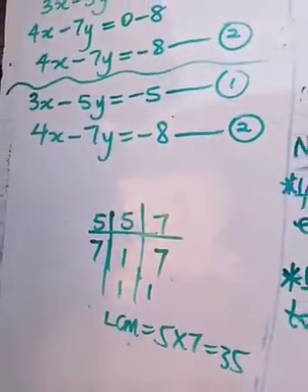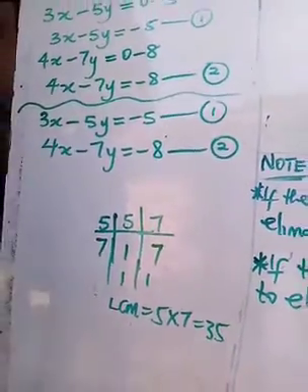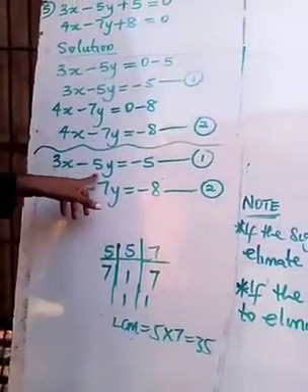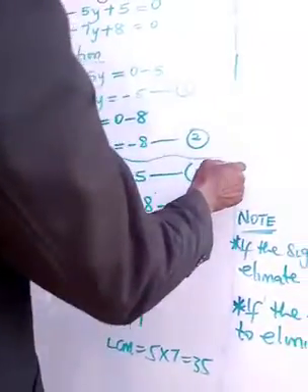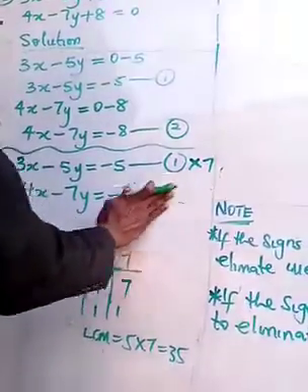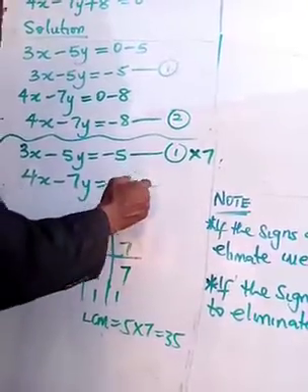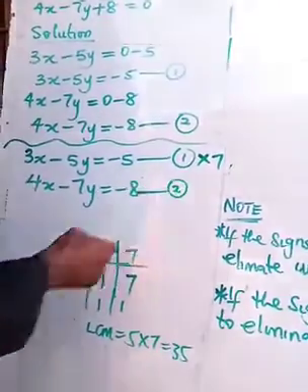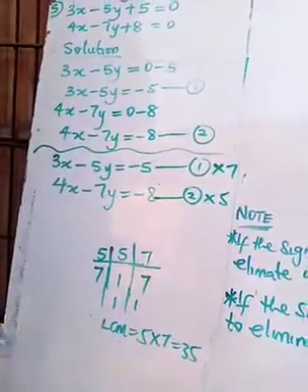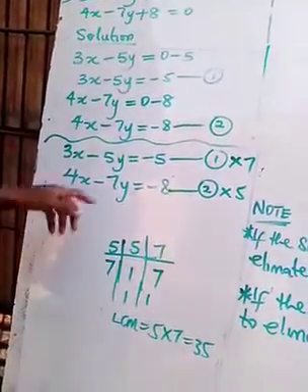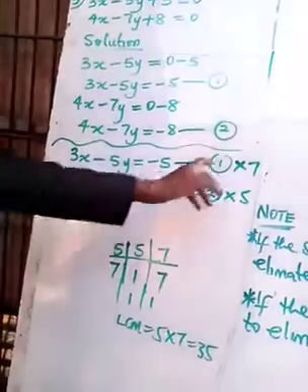Since we are going to eliminate y, you ask yourself, what will you multiply by this 5 to give us 35? That's 7. So this is times 7. And what will you multiply by this 7 here to get 35? That's 5. So it's still the same thing, this number comes here and this 7 goes there.